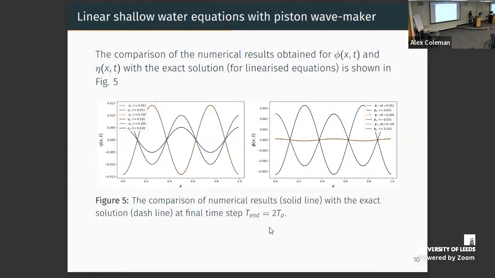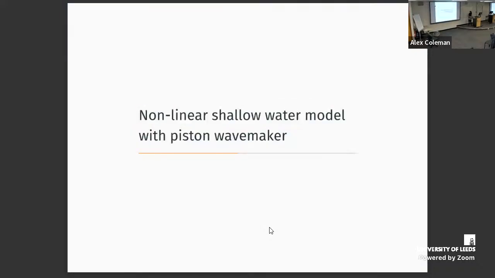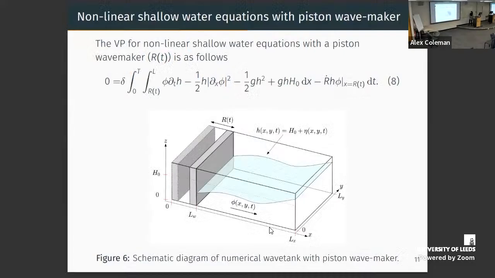We can make our model more complex by moving from linear to nonlinear shallow water equations. So the problem now looks like this. Another thing I want to mention is that in the shallow water equations, we are solving the fluid problem only at the surface of the fluid and not for the whole domain. That's why in the picture you see just the surface of the fluid and not the whole domain.